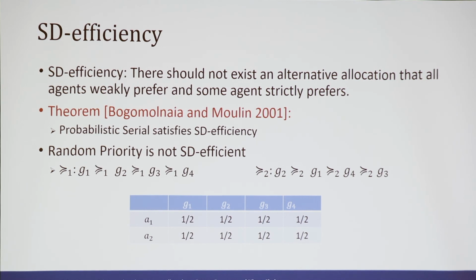However, both of these agents would prefer, actually, if agent 1 got all of good 1 and agent 2 got all of good 2. Agent 1 prefers good 1, agent 2 prefers good 2. So they'd like to make that swap. Likewise with good 3 and good 4. Agent 1 would like to take good 3, agent 2 would like to take good 4. So this is not an efficient allocation.